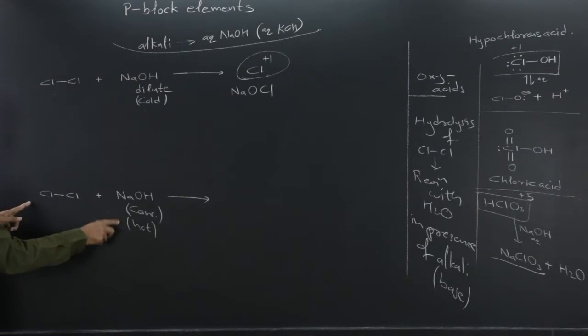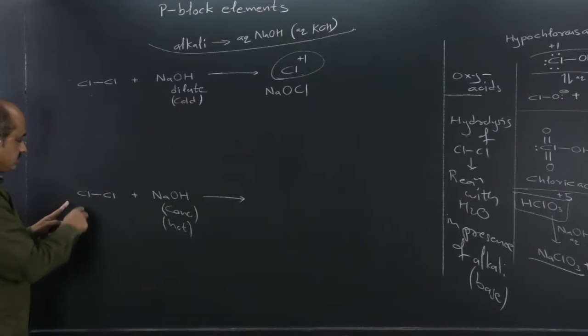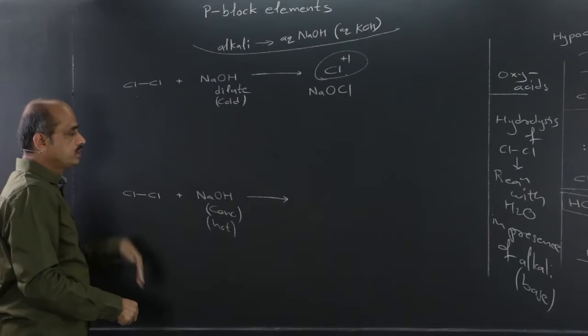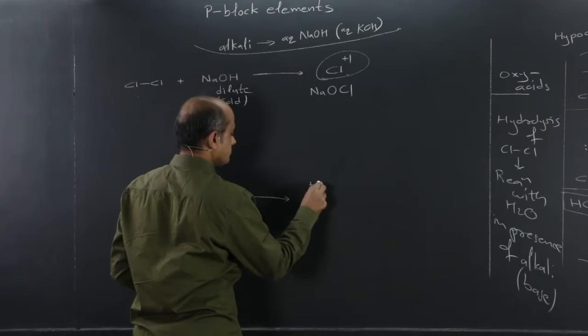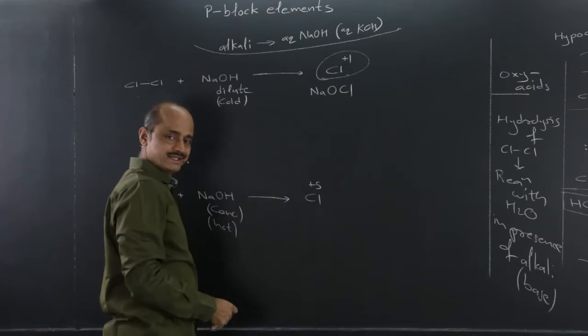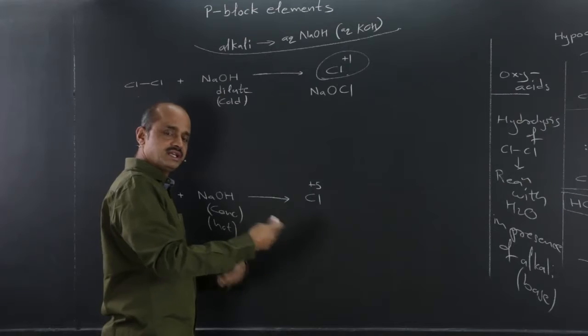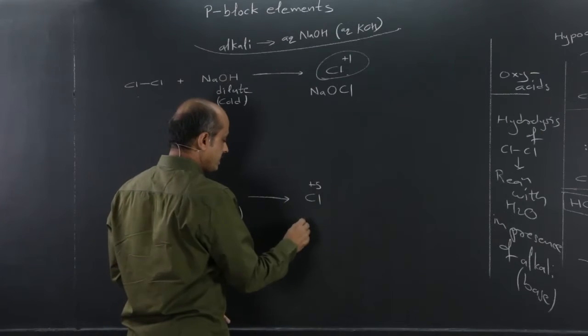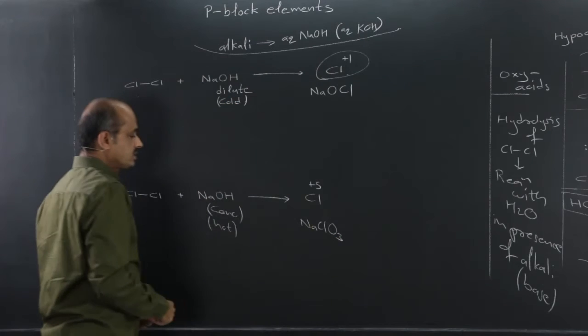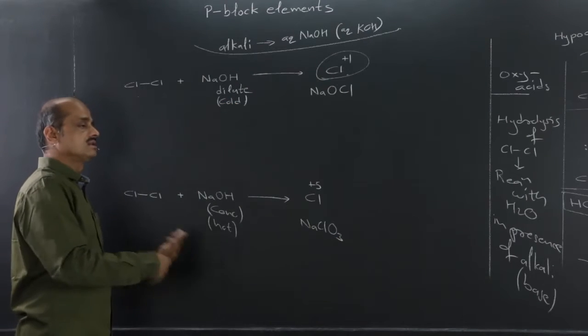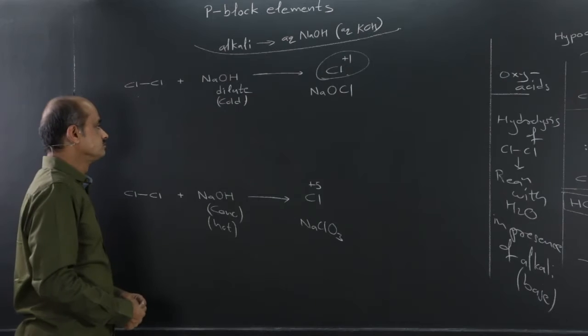And in presence of hot concentrated NaOH, chlorine gets hydrolyzed to give the acid with +5 oxidation state, means chloric acid. In basic condition it immediately gets neutralized. So this is a way to understand, and repeating this it will get memorized.